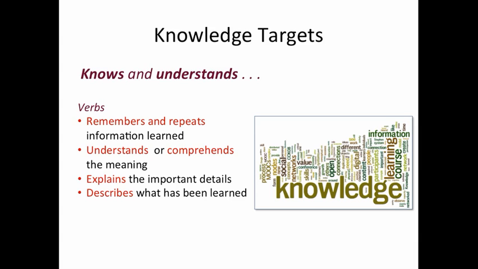So verbs like remembers, explains, or describes would identify knowledge targets. I'm including a table in Learning Suite for week 3 under the Content tab with verbs in it to help you complete your assignment for this week, to classify the objectives.